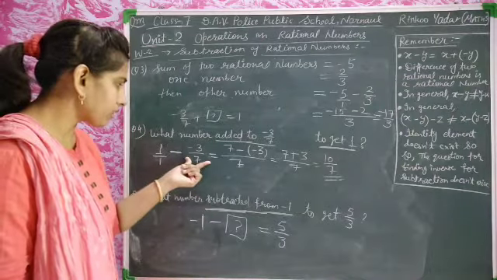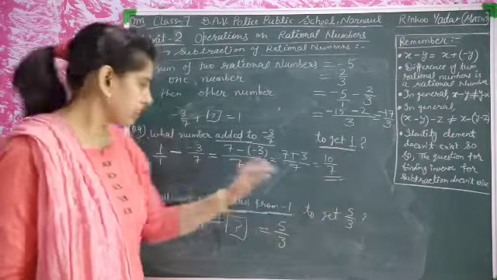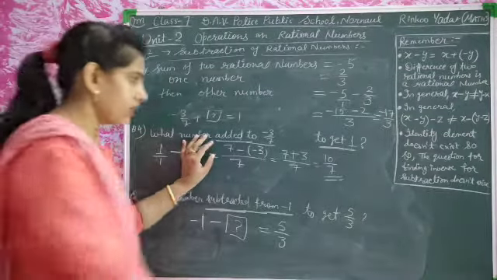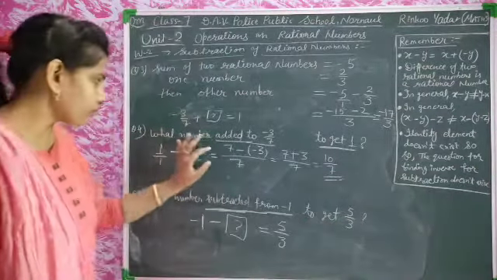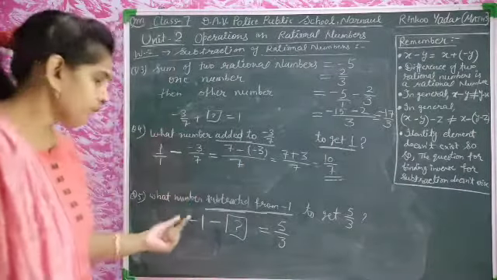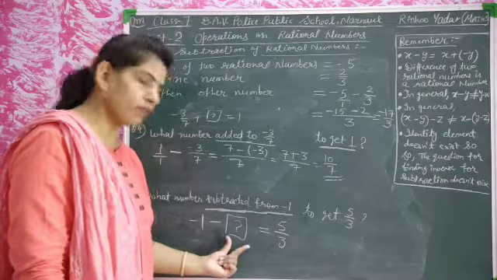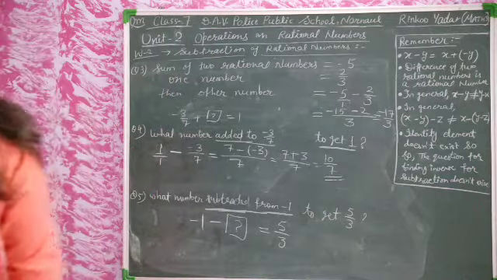What must be subtracted from -1 to get this number? This is not given here and we have to find it. So we take the subtraction -1 minus 5 by 3, then we will get this number.